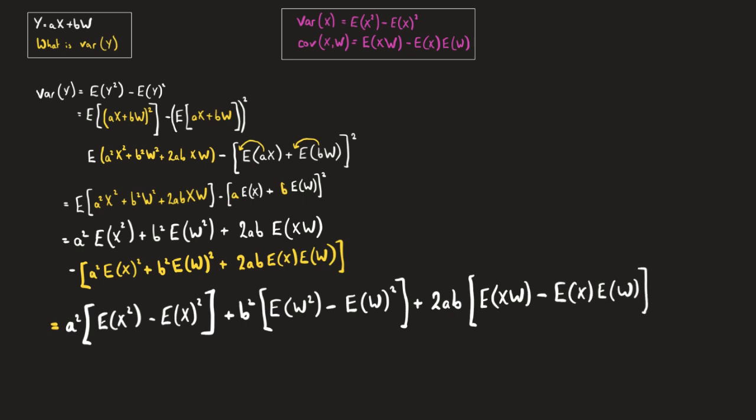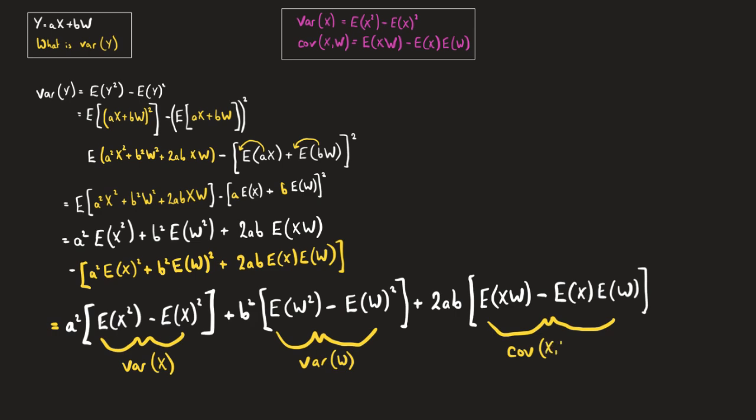But from our definitions above, we know that this is just equal to the variance of x. Similarly, the expectation of w squared minus the expectation of w all squared, that's just going to be equal to the variance of w. And the expectation of xw minus the expectation of x times the expectation of w, that is just by definition equal to the covariance between x and w.